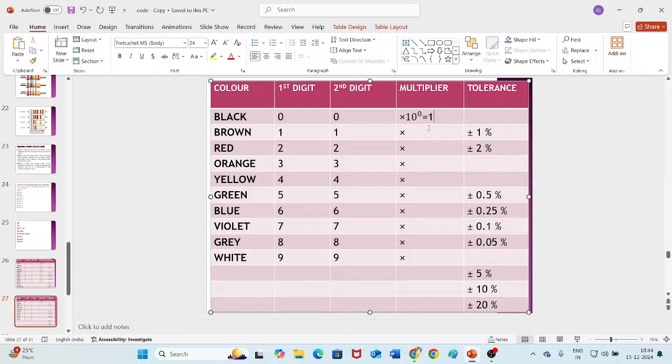Okay. What is my multiplier value now? For color black.